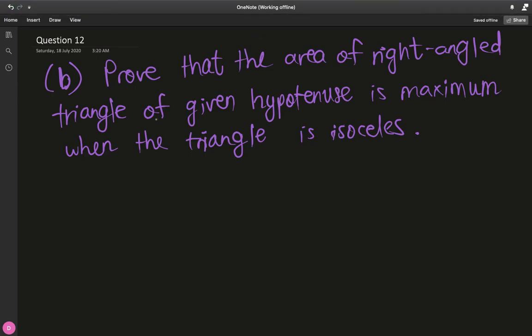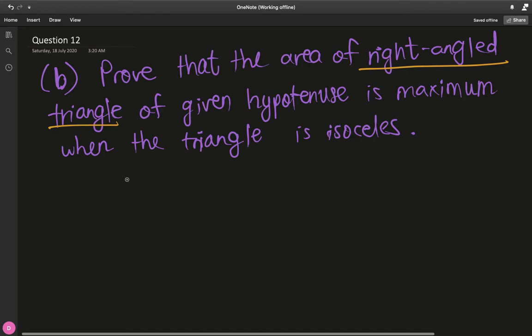Okay, so question 12, option B. We need to prove that the area of a right angle triangle of given hypotenuse is maximum when the triangle is isosceles. So for actually starting this question, we need to draw a right angle triangle because we need to start from there and then somehow come to the special case of it being isosceles when the area is maximum.